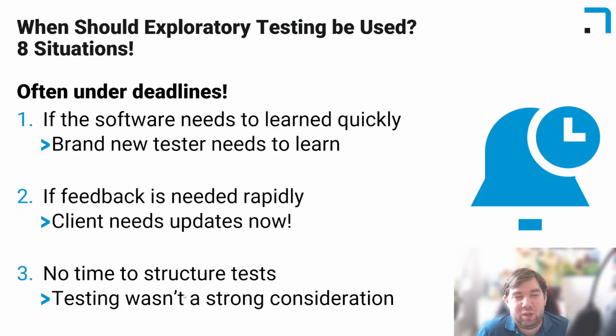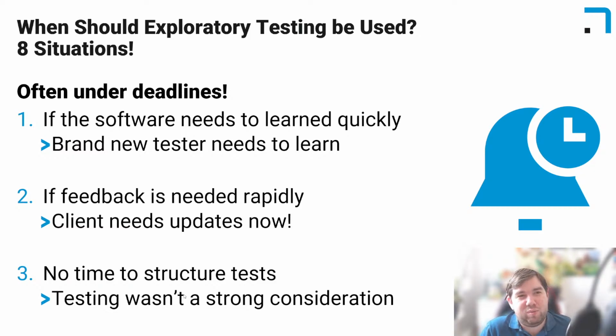This way, we can ensure that we do our best given the time and resources that we've been provided with. It's not great to have to rely on exploratory testing in this manner, but it does give us a better idea and gets us results faster.